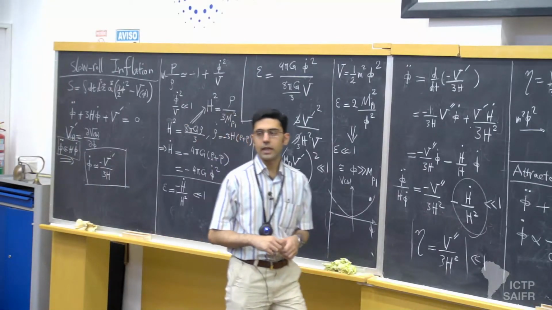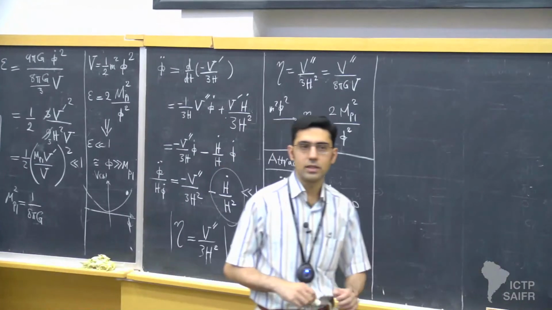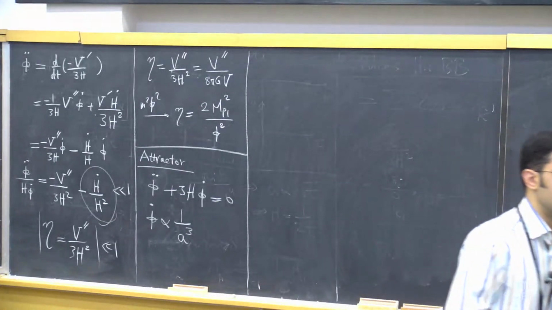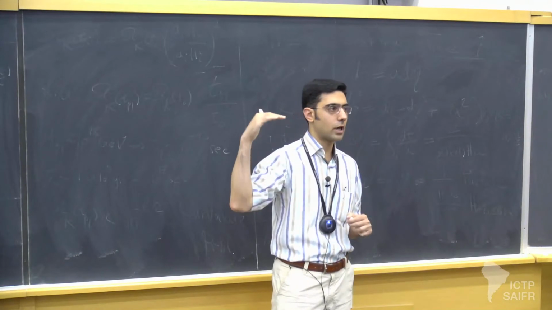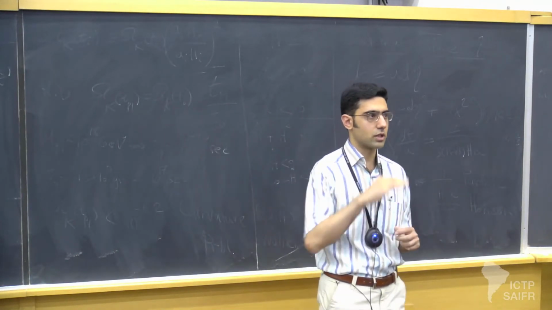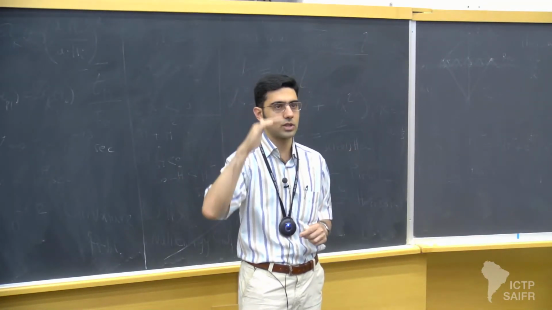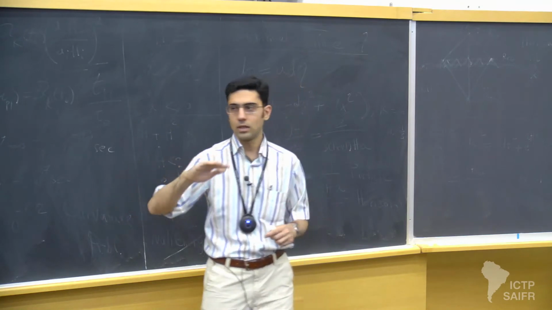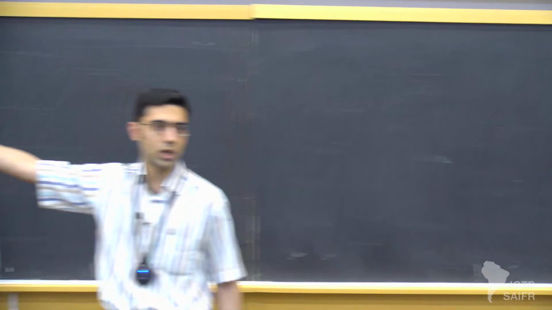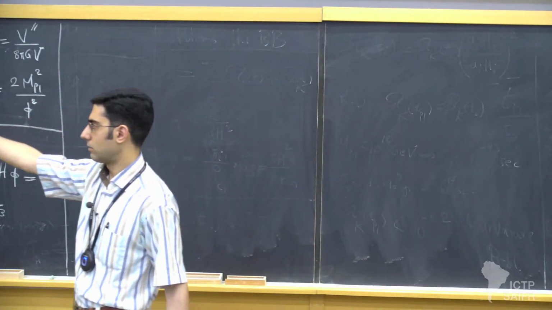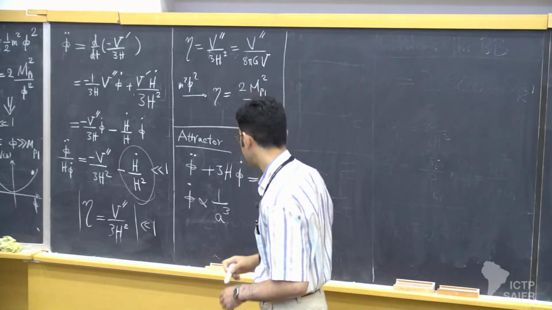And remember that a, the scale factor, is growing exponentially during inflation. So what happens is that if we start away from the slow roll solution, then phi dot goes down exponentially fast until we get to the point in which we cannot ignore the potential anymore. And then we'll get that solution.